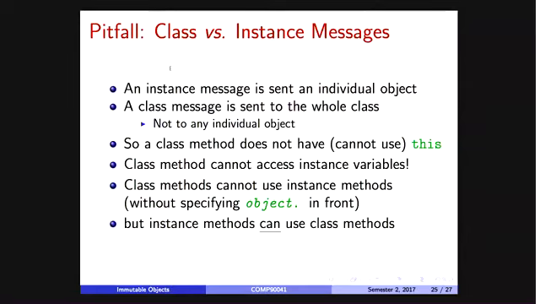What you can do in a static method, like main, for example, is create an object and send it messages. You can send it instance messages, because then you're providing the object to send that message to. But in a static method, if you just call a method directly without specifying an object to send the message to, it must be a class method.